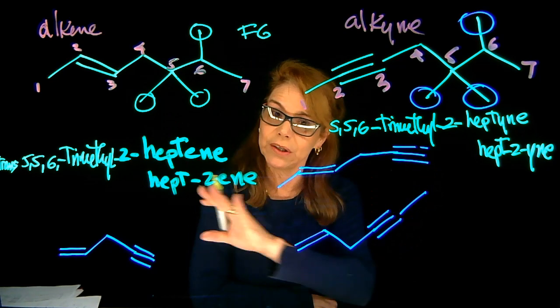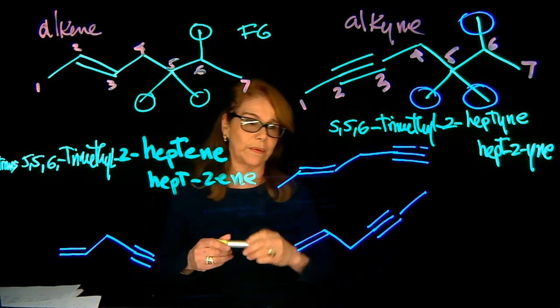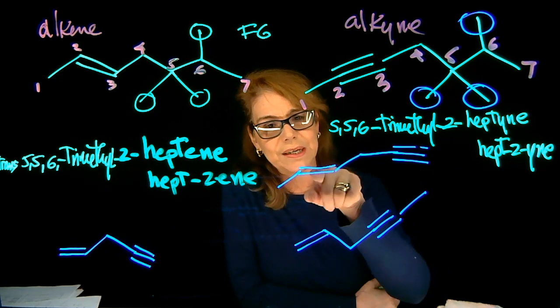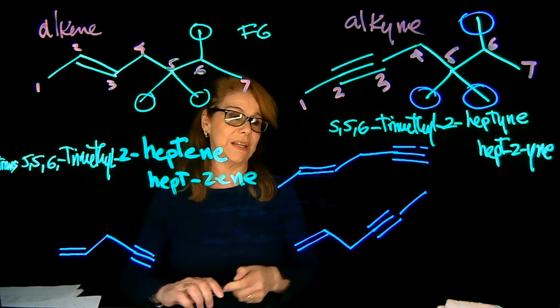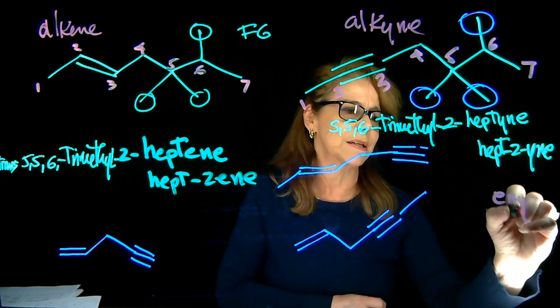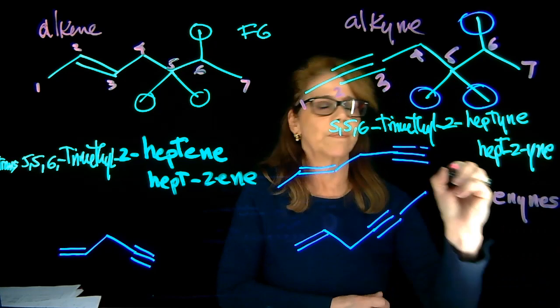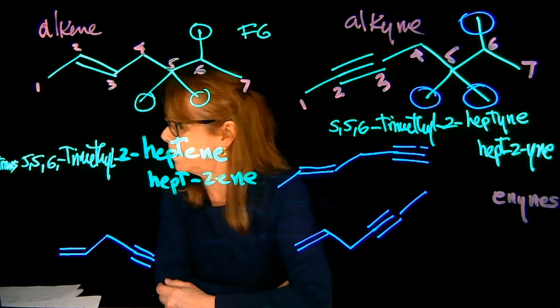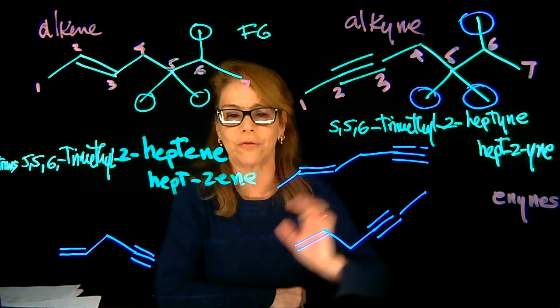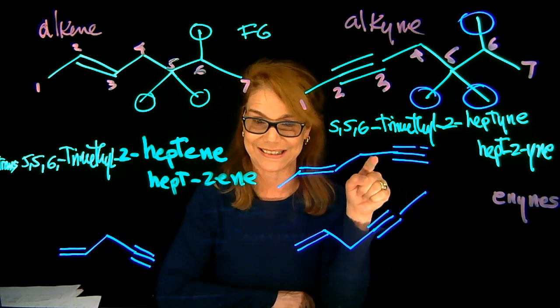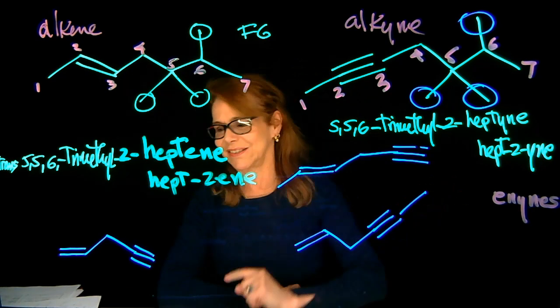So now we have another class of compounds, which is the one that I have drawn below. And these, as you can see, have a double and a triple bond. So these belong to another family of compounds. These are enynes. And for enynes, we're always going to name it enyne, keeping that structure in the name, but we need to say where the ene is, so the alkene, and where the yne is, so the alkyne.